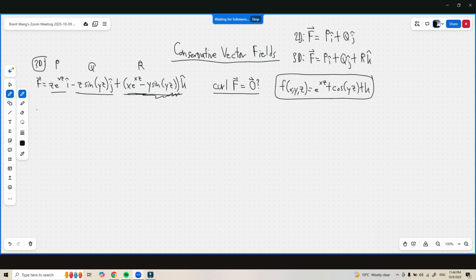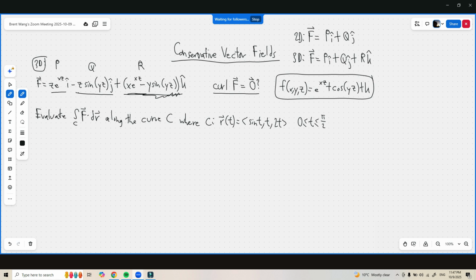So let's say we're asked to evaluate the line integral over C of F dot dr along the curve C, where C is represented by this position function r of t equal to sine t, t, and 2t, where t ranges from 0 to pi over 2.